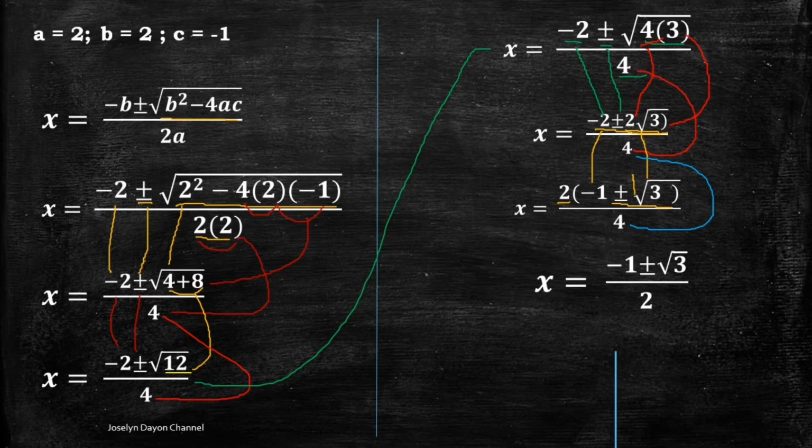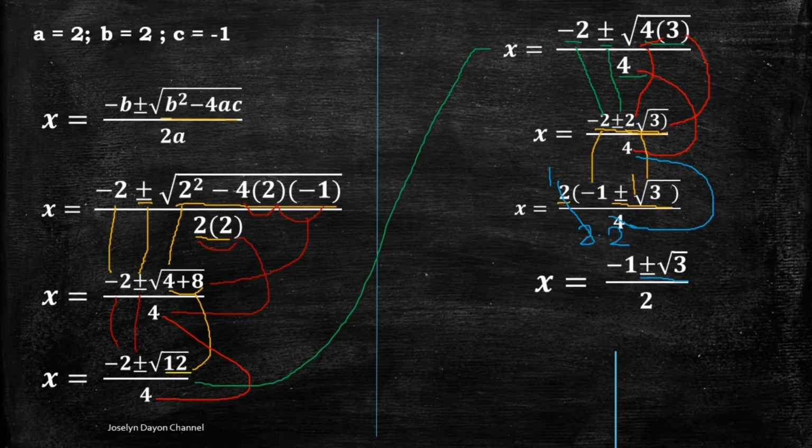Next, we can factor out 4 as 2 times 2, so we can divide 2 and 2. That is already 1. So therefore, the expression that will be left in our numerator becomes negative 1 plus minus square root of 3, because 1 times negative 1 is negative 1, and 1 times plus minus square root of 3 is plus minus square root of 3.